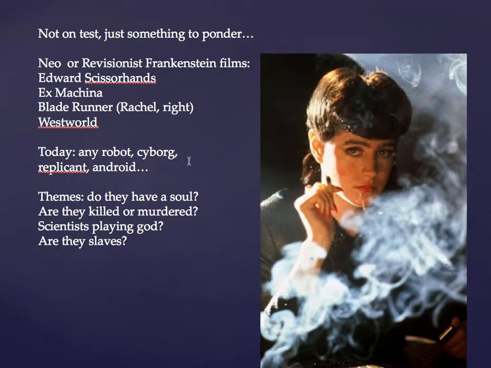They would be robots or cyborgs or replicants or androids, whatever you want to call them. But basically, they are Frankenstein movies. Edward Scissorhands, Ex Machina, Blade Runner 2049, Westworld, all that stuff. So it's just a little bit of a thought. And sci-fi loves this stuff. We'll talk about sci-fi when we get into the Blacklist era, by the way, I think.